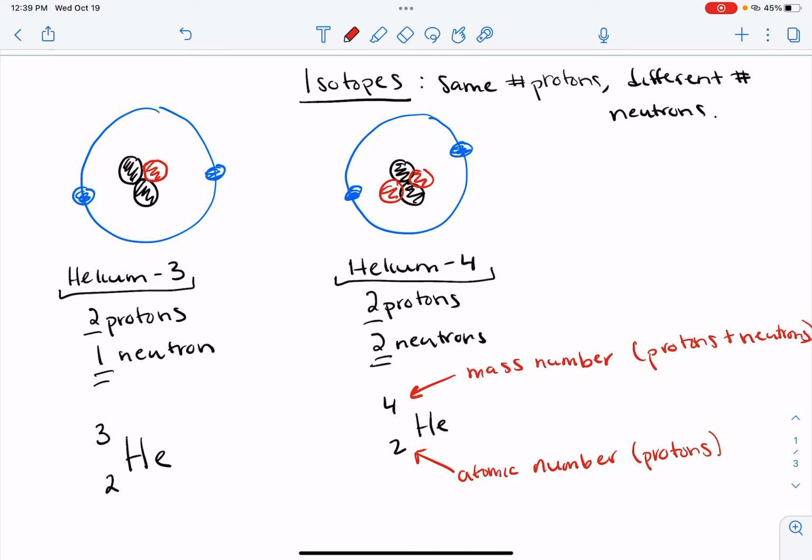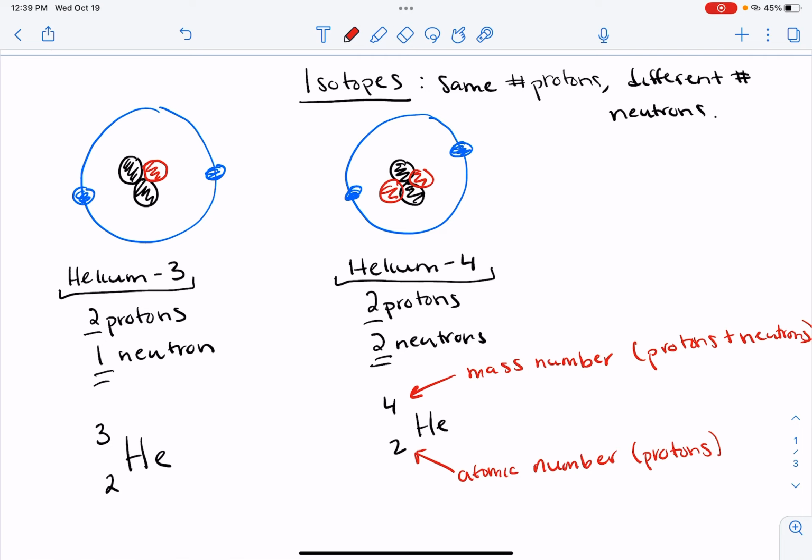So the number that you see on the periodic table is the average atomic mass, and it is a weighted average of the masses of all the isotopes of that particular element. Whereas these numbers like 3 and 4, that is just the mass number. And that's just the protons plus the neutrons. And it's specific to each individual isotope.